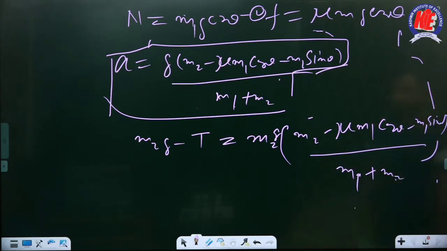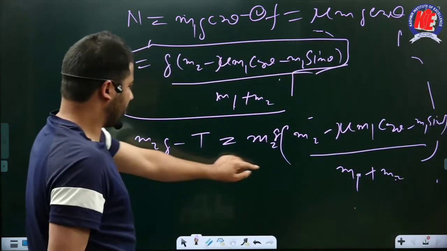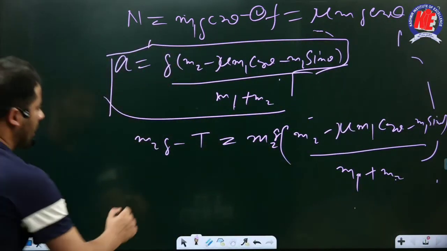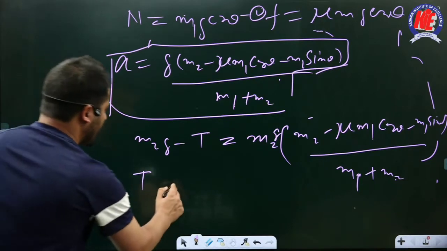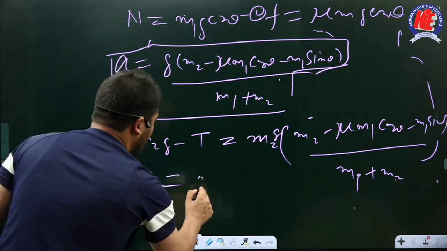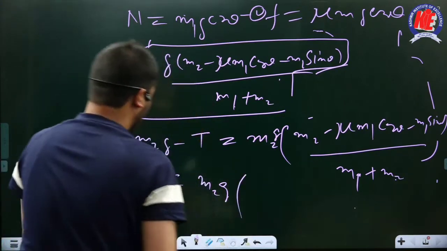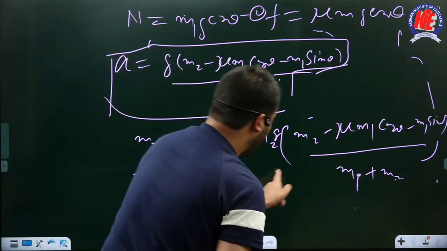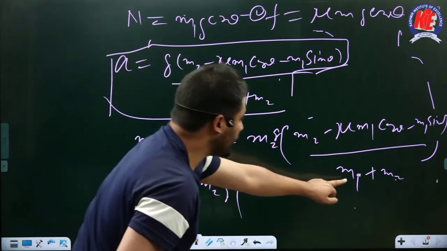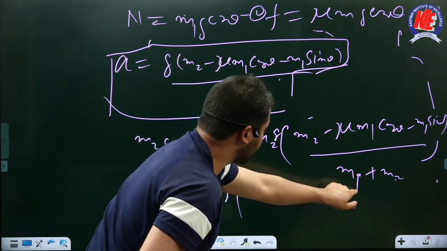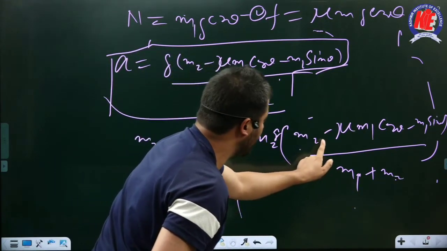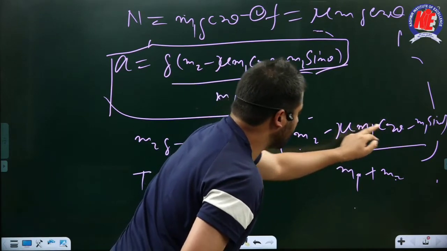Now if I put my tension here, what I will get is simply my tension equal to, here is m2g, here is m2g, I can make it common here. Here it will be simply 1 minus this much. Now if I put it here, it will be m1 plus m2, but minus m2, and here it is minus, it will be plus and plus.